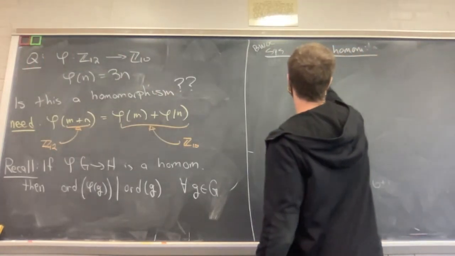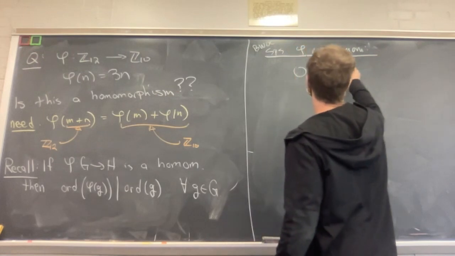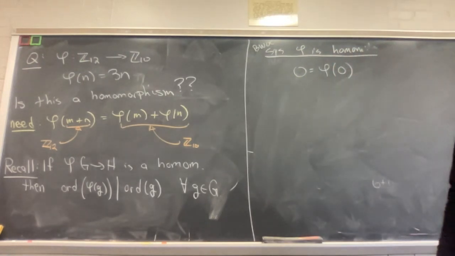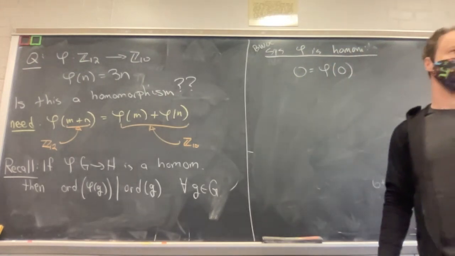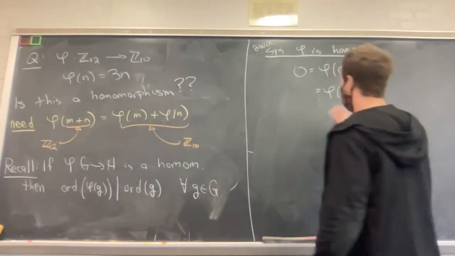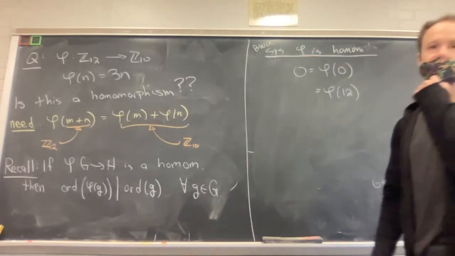So let's notice that 0 is the same thing as phi of 0, right? Because 0 is 3 times 0. But that's going to be the same thing as phi of 12, right? Because 12 is equal to 0 inside of Z12.